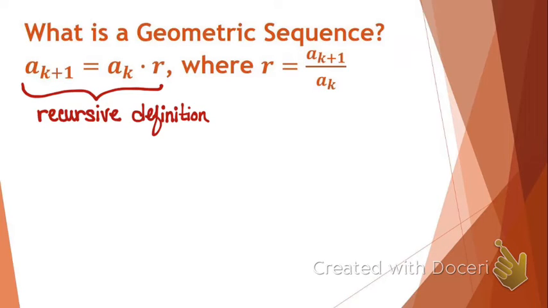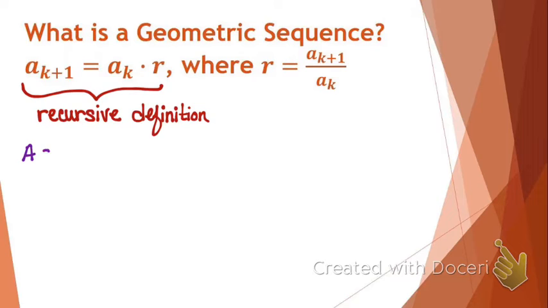What is the recursive definition telling us we're doing with geometric sequences? Multiplying each time. We're going to multiply by some value r, and r is our common ratio.